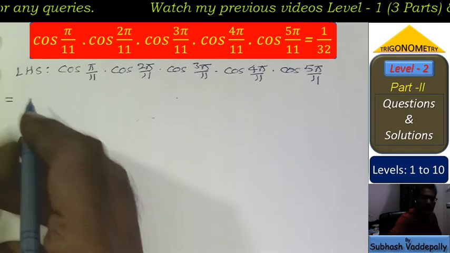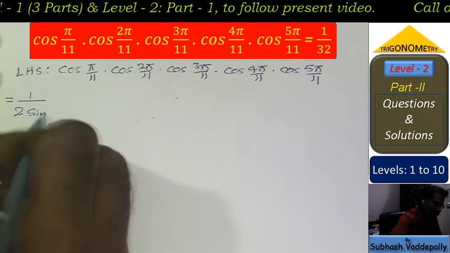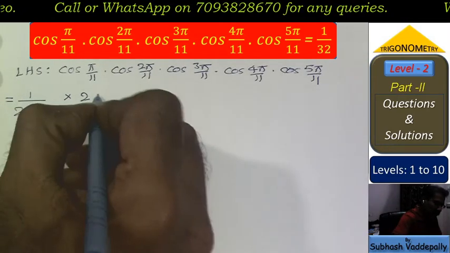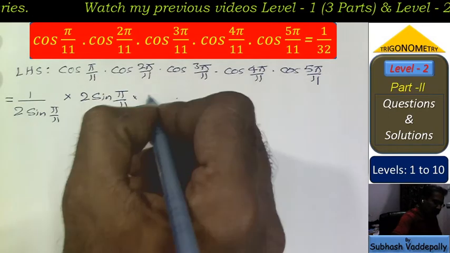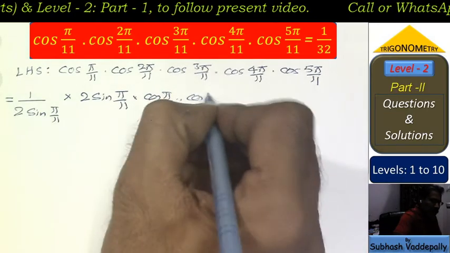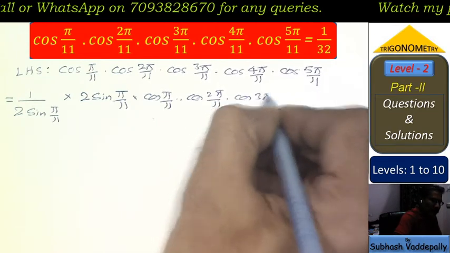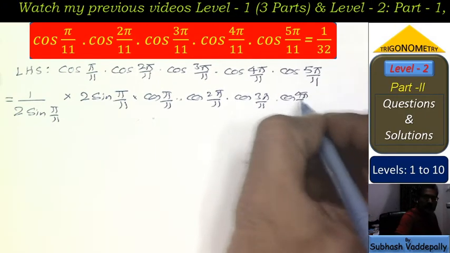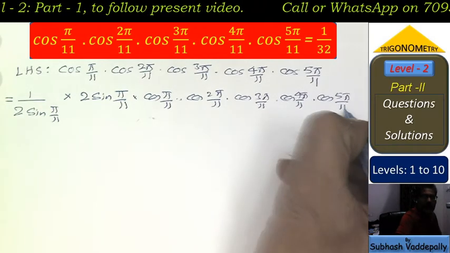So I am multiplying and dividing. Here I am dividing by 2 sine pi by 11, and here I am multiplying by 2 sine pi by 11 into this, everything as it is: cos pi by 11, cos 2 pi by 11, cos 3 pi by 11, cos 4 pi by 11 and cos 5 pi by 11, right?